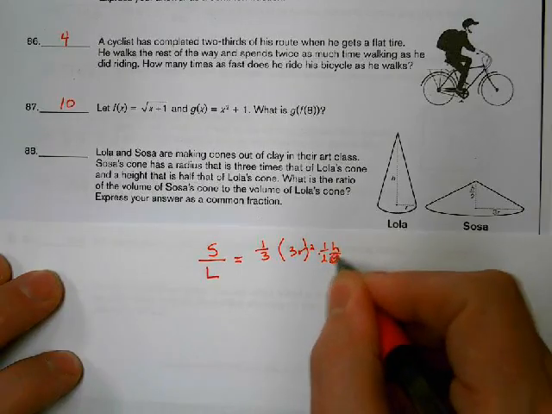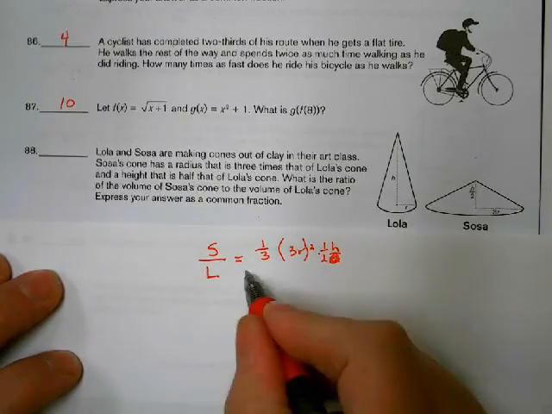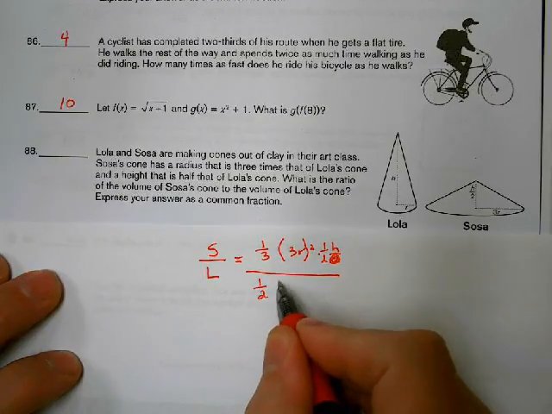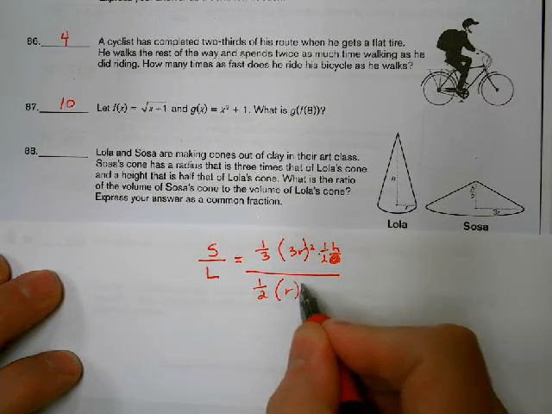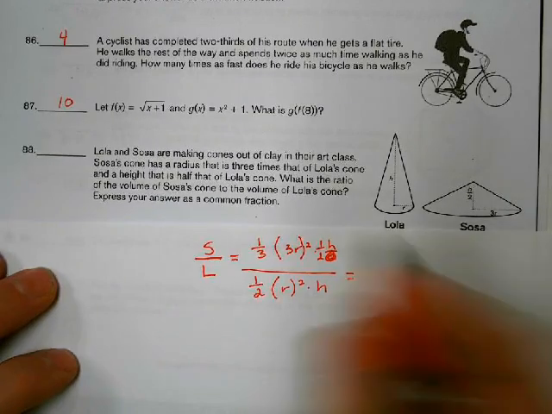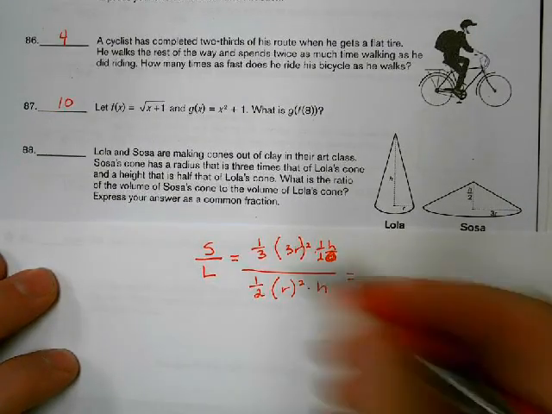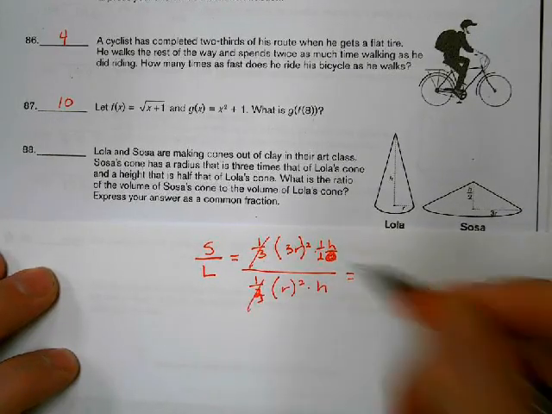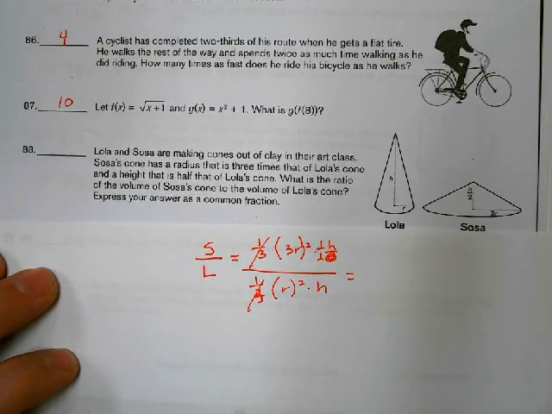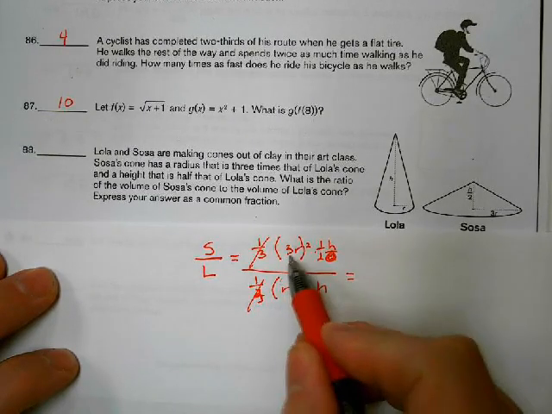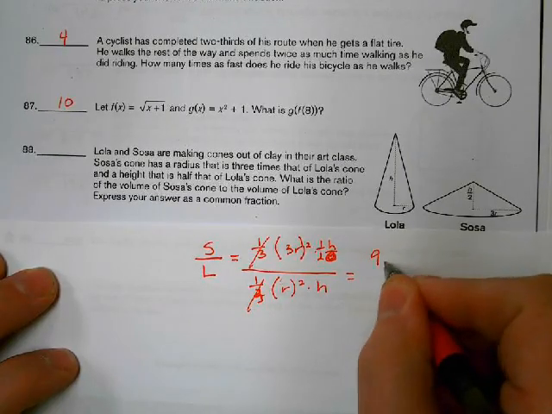Lola is just 1/3 the radius squared times the height. All right, let's work this out a little bit. First of all, I can just get rid of the 1/3. That'll make it a little bit easier. And then here, 3r squared is 3r times 3r, so that's 9r squared times 1/2 the height.